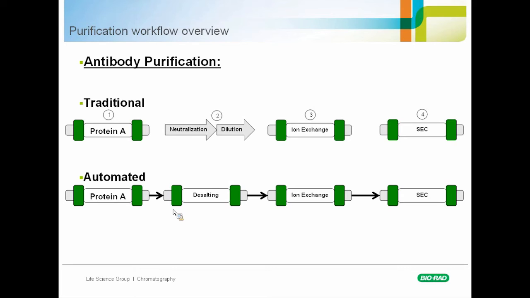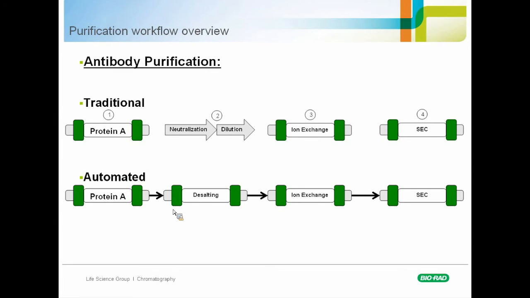These can also be set up with air sensors, so it can become more truly unattended, where when it detects the end of the sample, it would just then automatically move over to the next step in the method. The use of an outlet valve then becomes essential, because this can direct the materials that you don't want directly to the fraction collector or to waste, and it can direct the eluate that you do want back into the injection loop, where it can then be directed to the next column or into a static loop if it's an intermediary capture step.